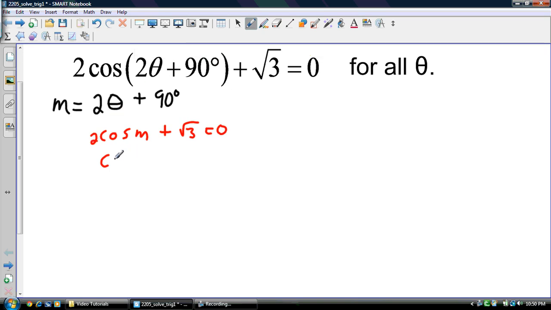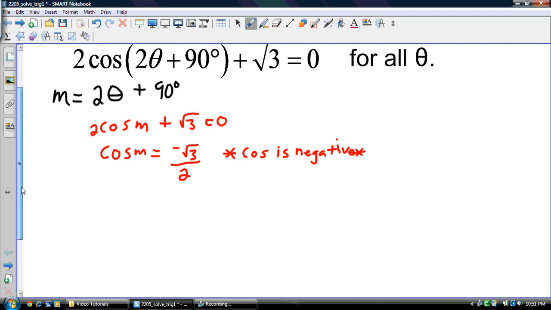So I rearrange this and I solve for cos, and I have cos m is equal to negative root 3 over 2. So at this step, we note that, again, same procedure, cos is negative. Alright, so cos is negative.